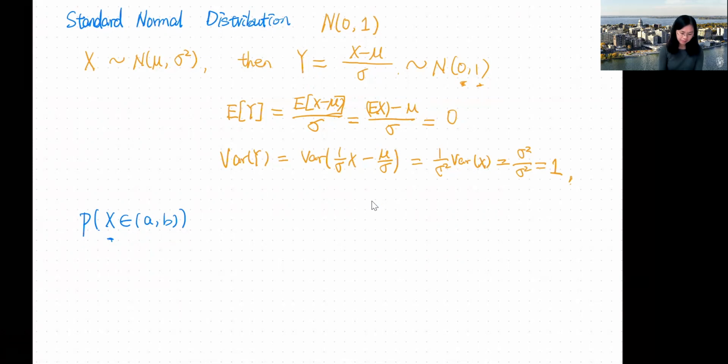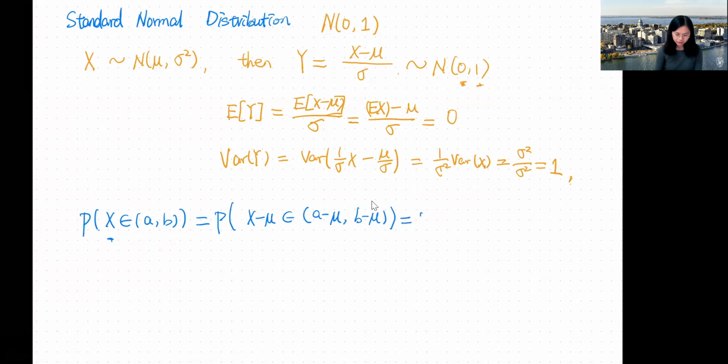Probability that x belongs to A and B equals the probability that x minus mu belongs to A minus mu, B minus mu.